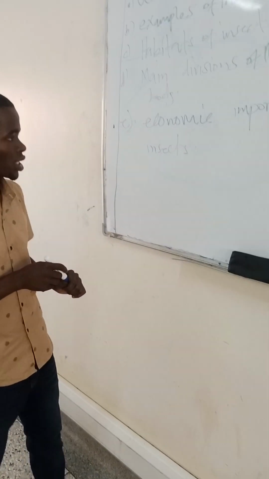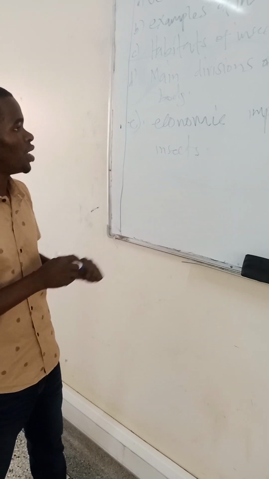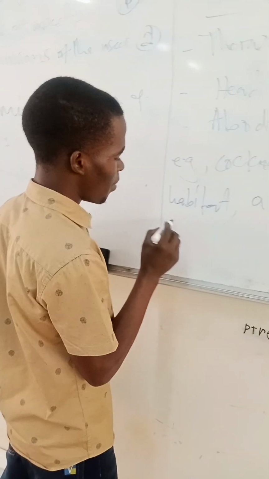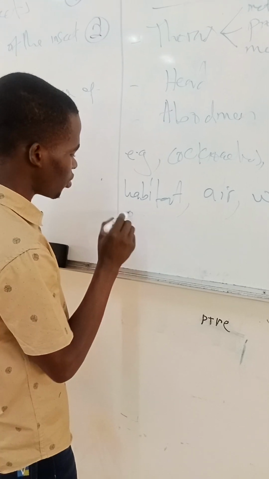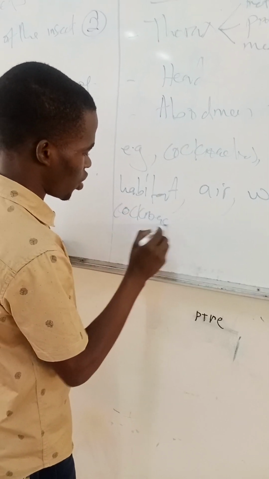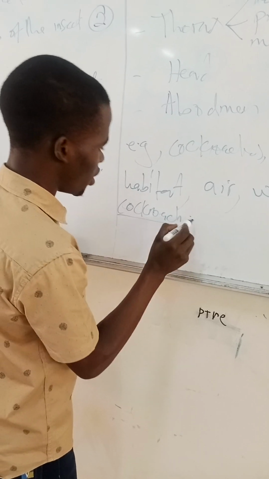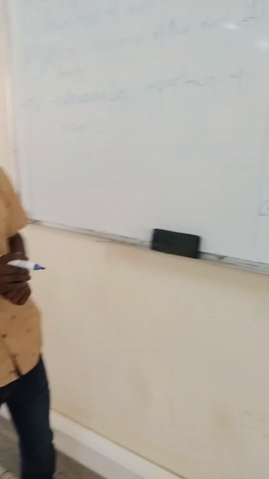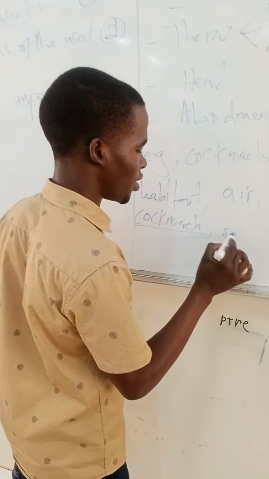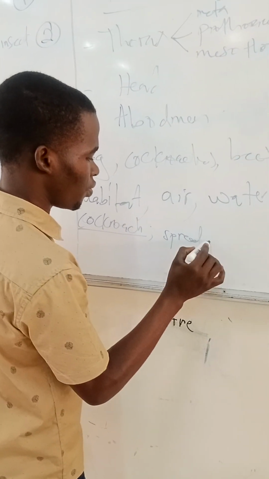Our last subtopic for this session is the economic importance of insects. Here I will talk about the cockroach. What are some of the economic importance of cockroaches? They spread diseases to man.